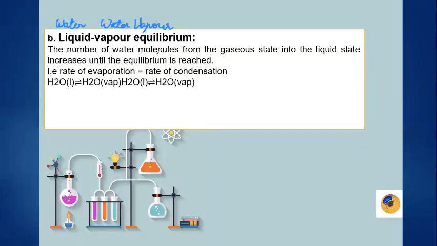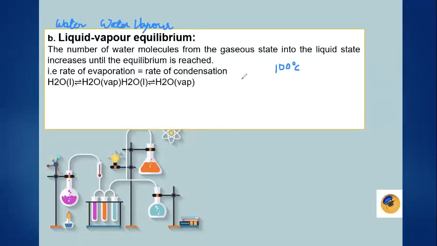The number of water molecules from the gaseous state into the liquid state increases until equilibrium is reached. So let's understand what it says. We know that the boiling point of water is 100 degrees Celsius at standard pressure. So this is when water to water vapor equilibrium is attained.